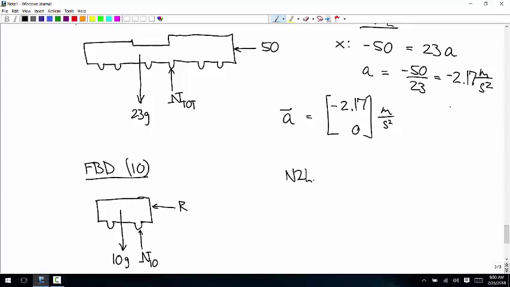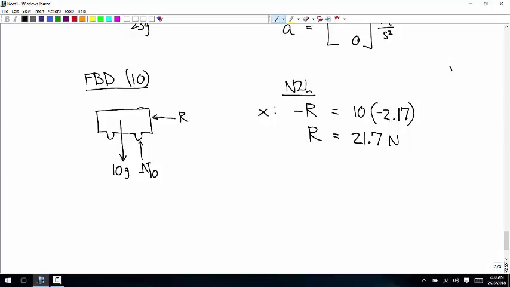So now Newton's second law, I'll just use the X equation again because that contact force doesn't have any Y component. We have negative R is equal to the mass of 10 times the acceleration of negative 2.17. And so R is equal to 21.7 newtons.